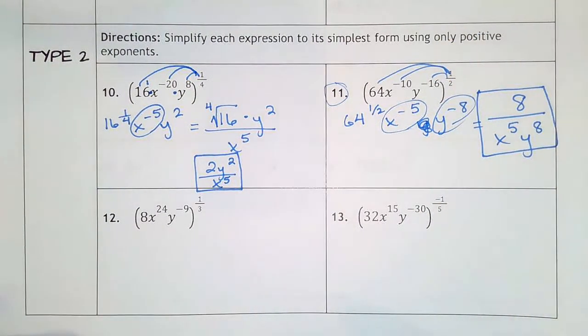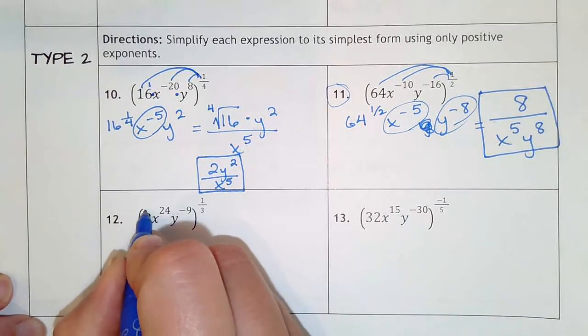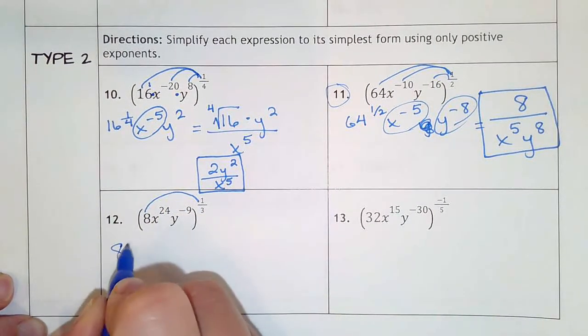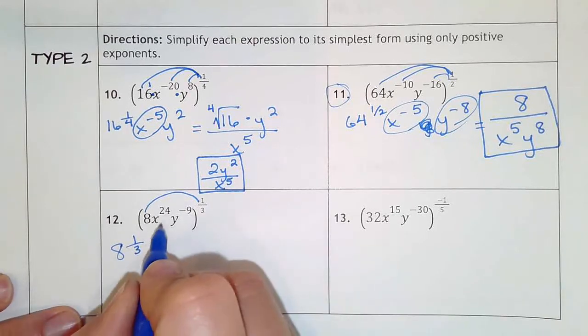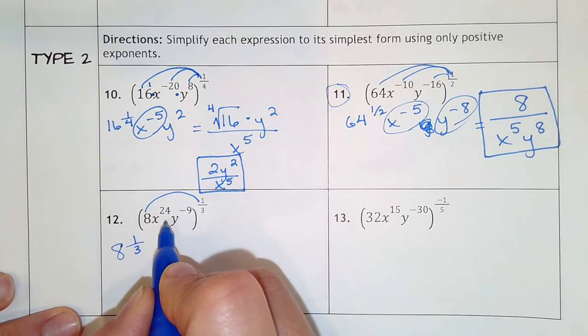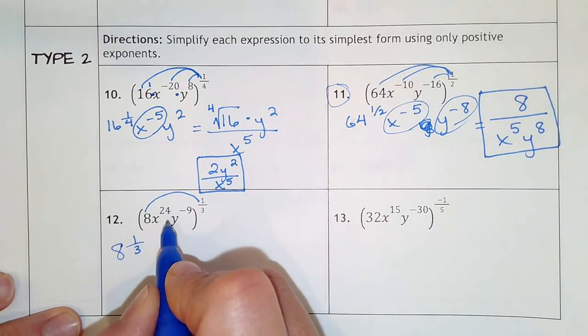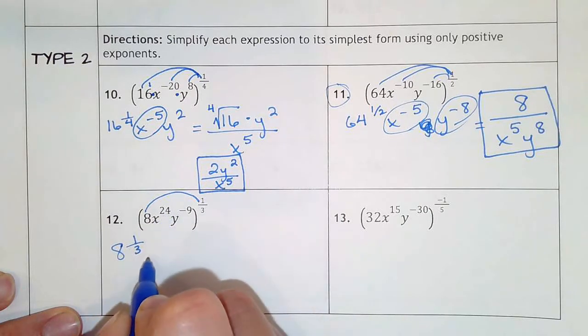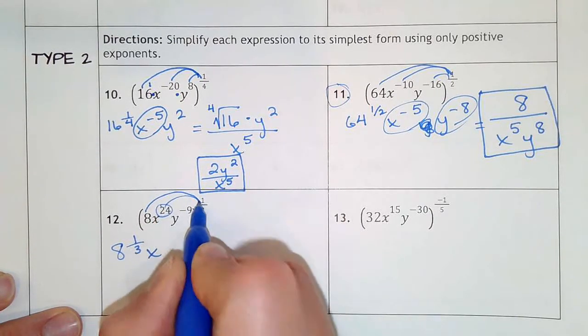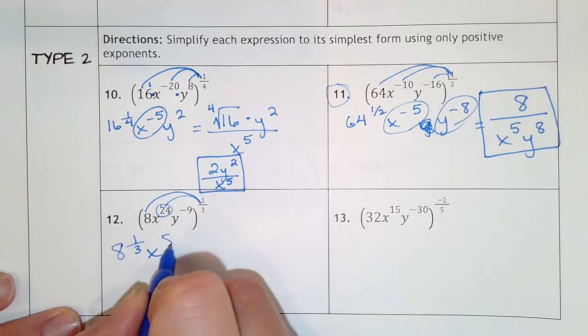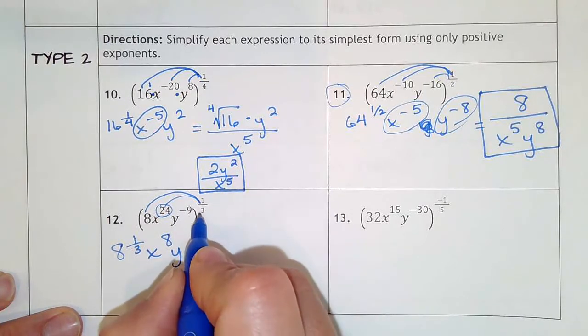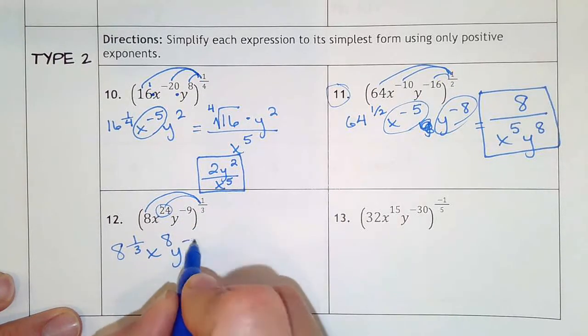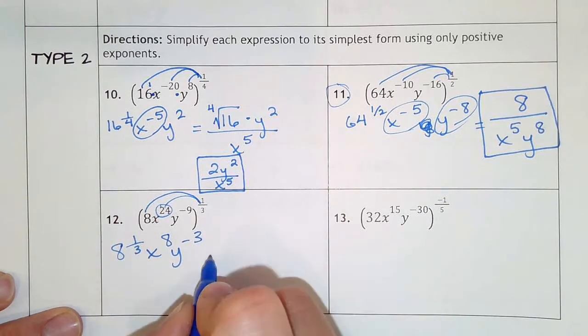Okay, number 12. This is 8 to the 1/3 power. This is a third of 24. 24 divided by 3 is 8. This is negative 9 divided by 3, which is negative 3.